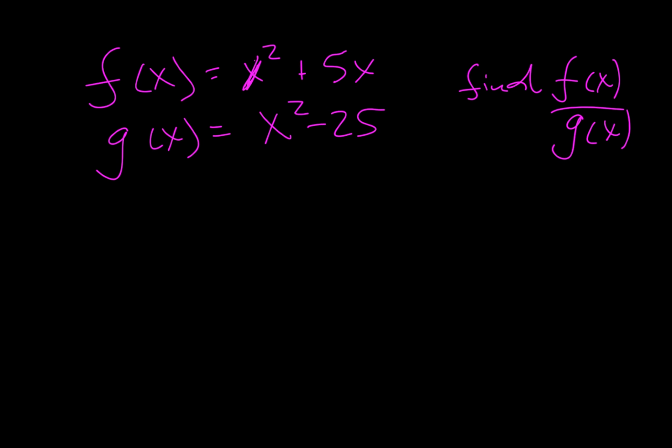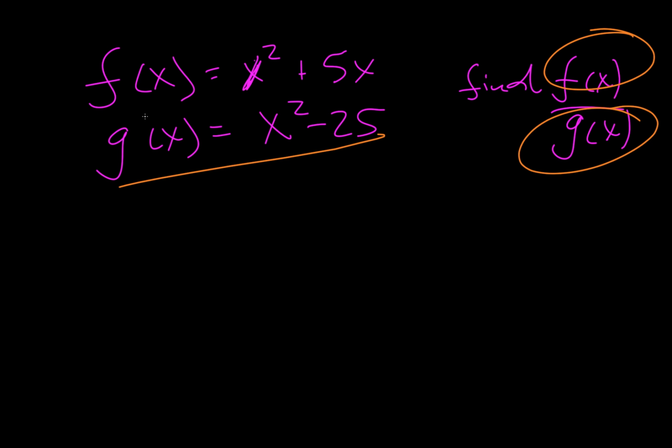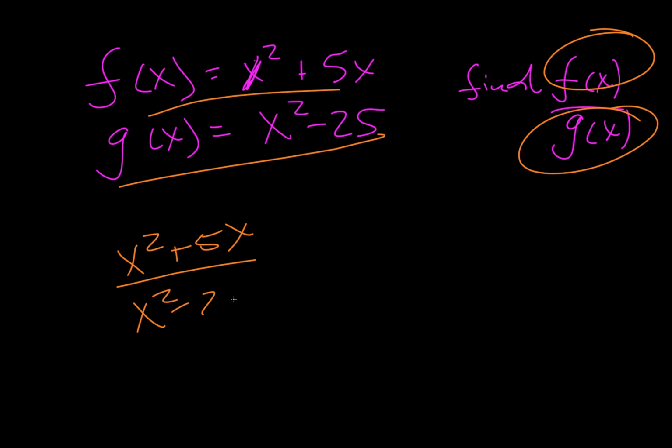Okay, so the first step is we just want to replace each of these with each of these. So f of x is on top, so I just say x squared plus 5x. G of x is on the bottom, x squared minus 25. Now, it might look like we can't simplify this, but I'm going to ask you to factor.